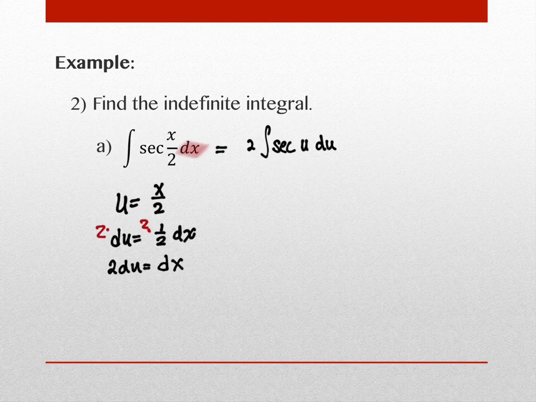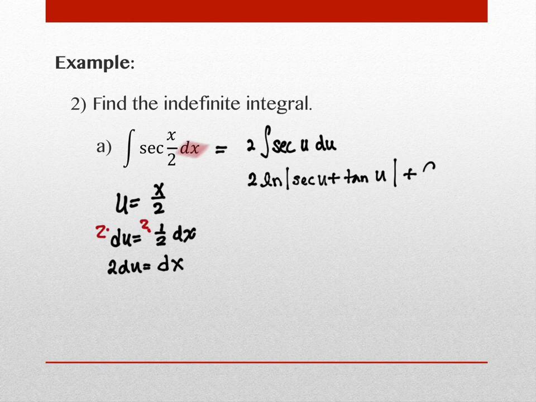But now we can use one of those properties that we just had on our previous slide. So we have the 2 at the beginning. What's the antiderivative of secant? It's got a natural log in it of what? Secant of u plus the tangent of u.